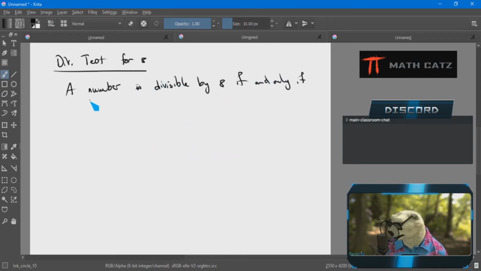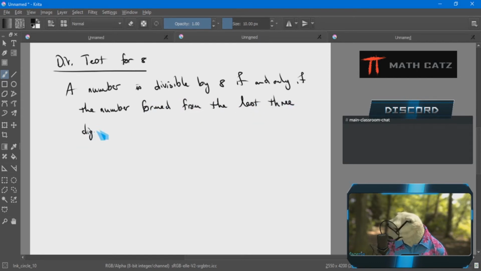It's the only condition I need. The number formed from the last 3 digits is divisible by 8.